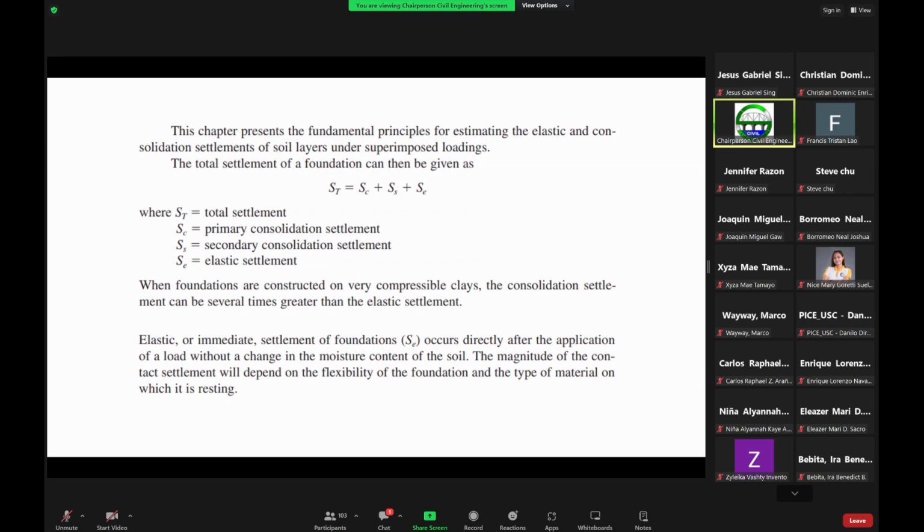The magnitude of the settlement will depend on the flexibility of the foundation, whether you have a rigid or an elastic foundation, as well as the type of material on which it is resting. So take note here, the effect is immediate, without a change in the moisture content of the soil.